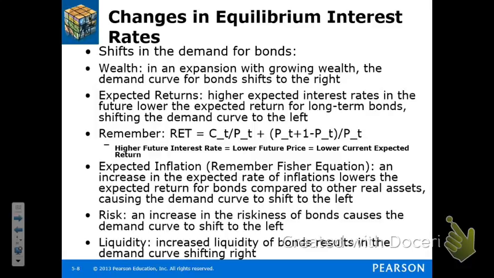So let's read the explanation. We are saying that a higher expected return in the future lowers the expected return for long-term bonds and shifts the demand curve to the left. So a lot of discussion. So let's imagine we expect P_t+1 to go up, right?